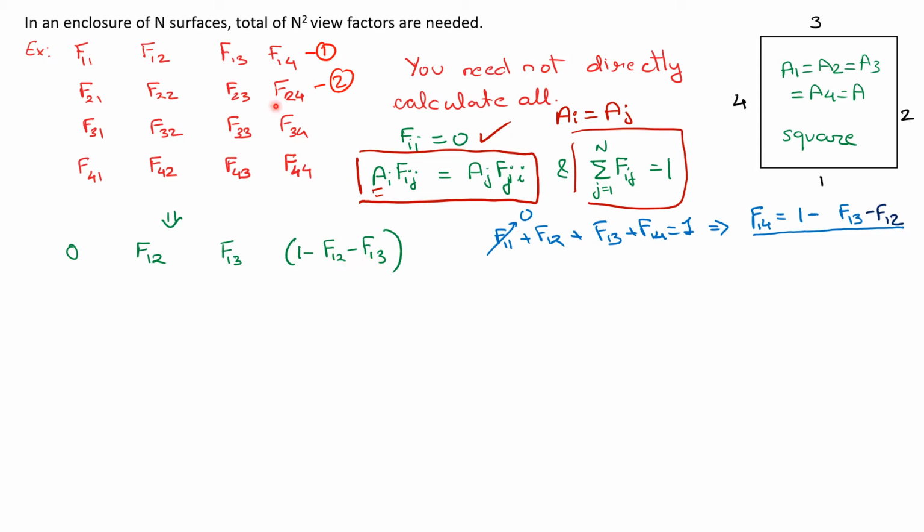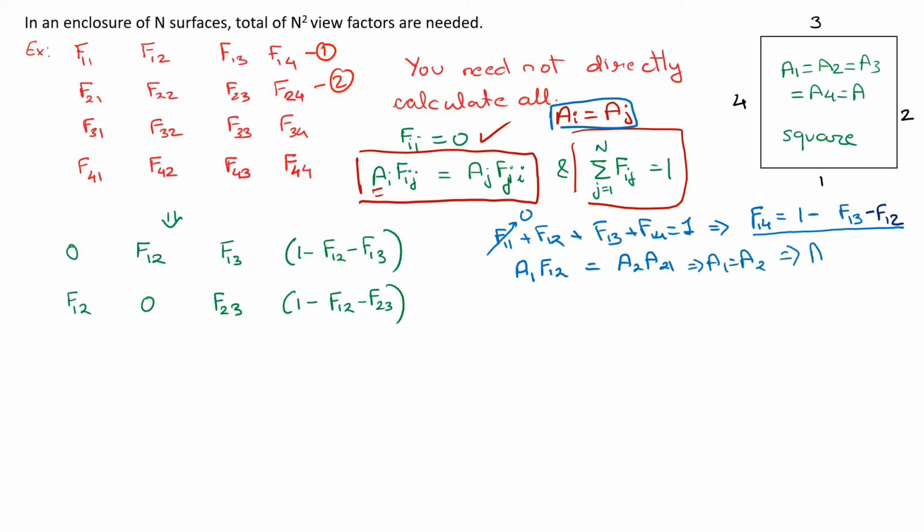Similarly, for your second set of view factors, we can write F21, which is right here, as F12 by reciprocity. So your A1 times F12 will be equal to A2 times F21, and because A1 is equal to A2, we can say that F12 is equal to F21.